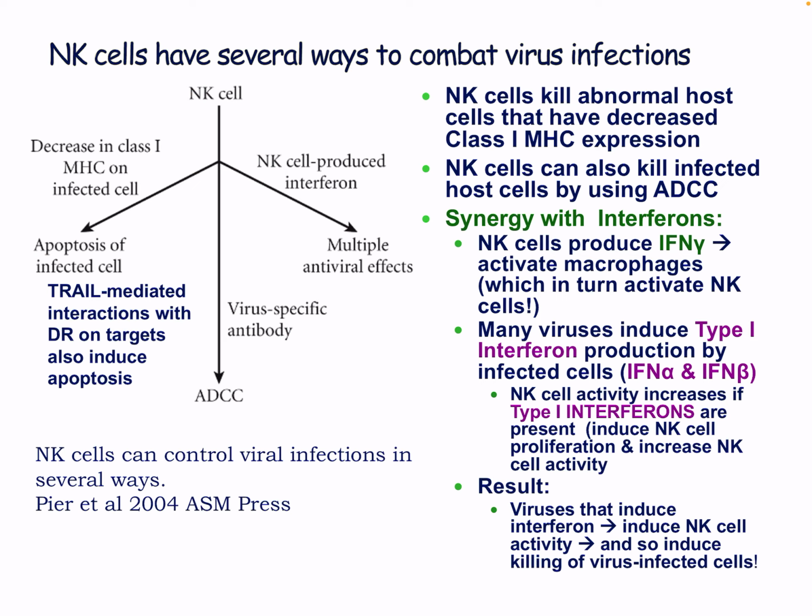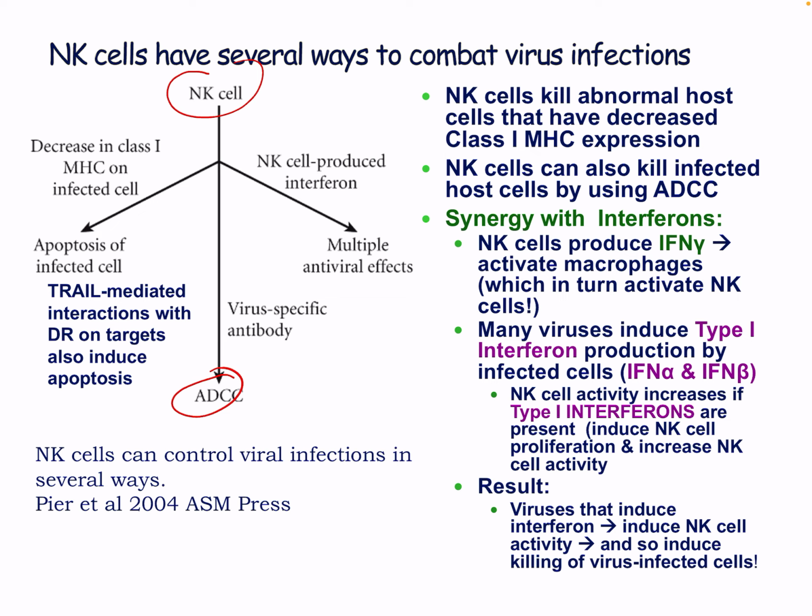So again, we have a nice summary figure here, like we did with our interferons. NK cells kill abnormal host cells that have decreased class 1 MHC expression. These NK cells also kill infected host cells by using ADCC, as you can see here. They also have synergy with the interferons, because NK cells produce interferon gamma, which activates macrophages, and macrophages in turn activate NK cells through IL-12.